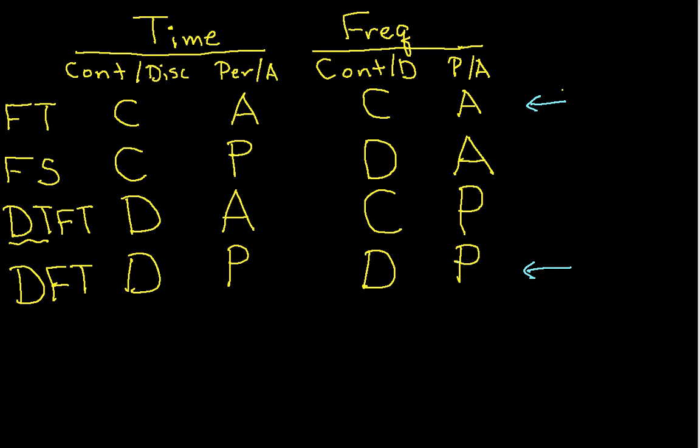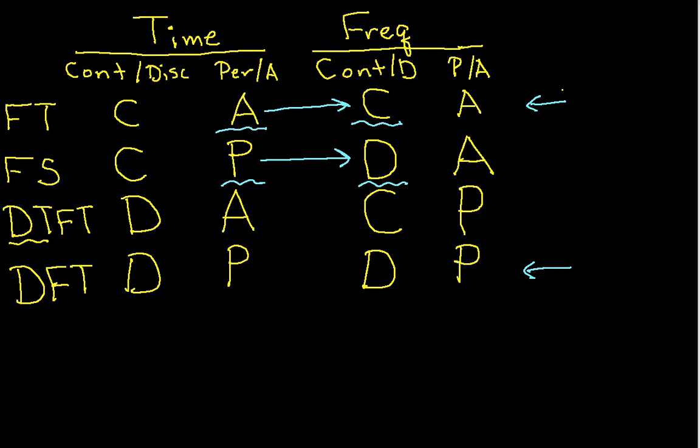You'll notice that everywhere I have an aperiodic time signal, that corresponds to a continuous frequency signal. Everywhere I have a periodic time signal, that corresponds to a discrete frequency signal. So you can see that aperiodicity implies continuous and so on.